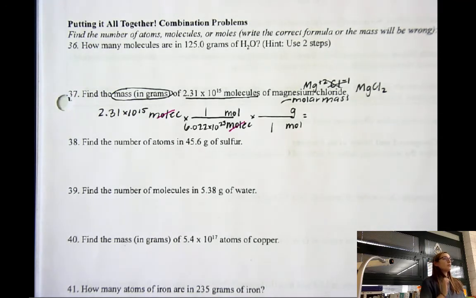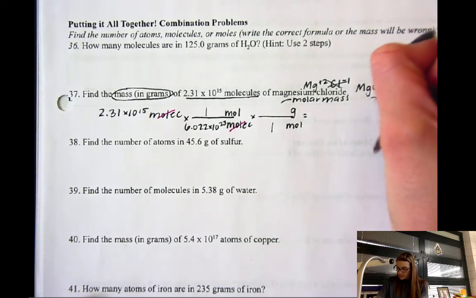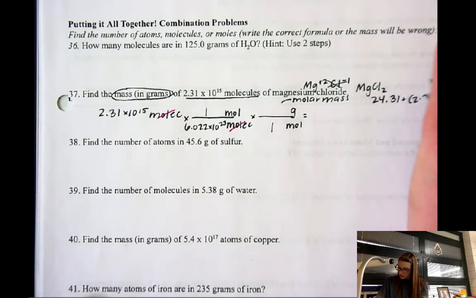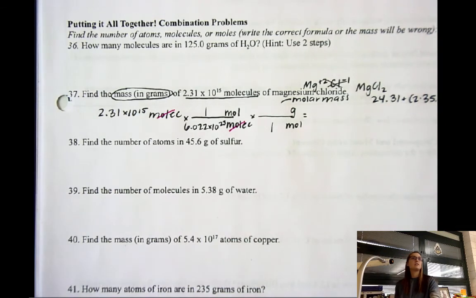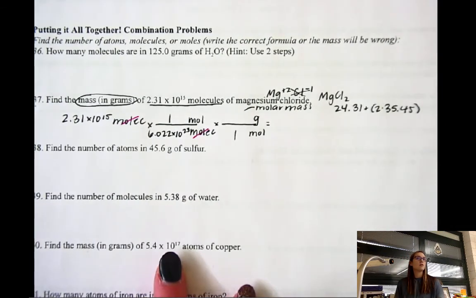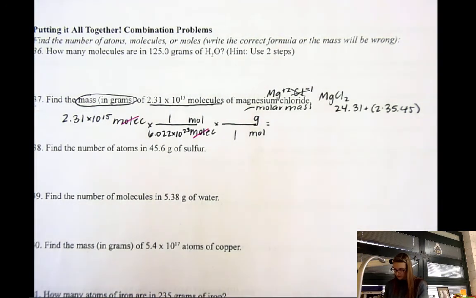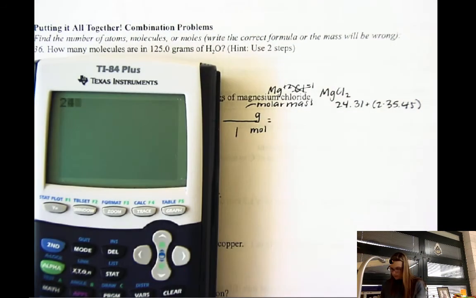So now to find the molar mass, we just add them up. Magnesium is 24.31 plus 2 times the mass of chlorine, which is 35.45. So add those together. 24.31 plus 2 times 35.45.